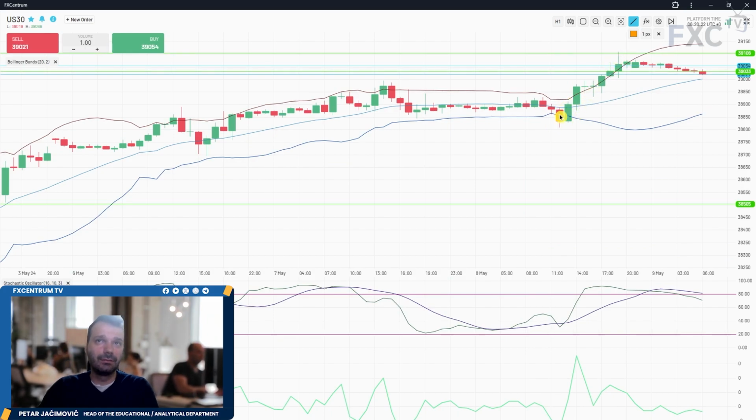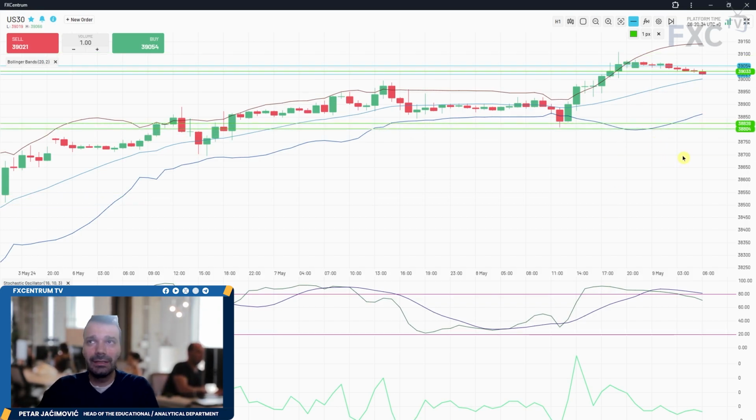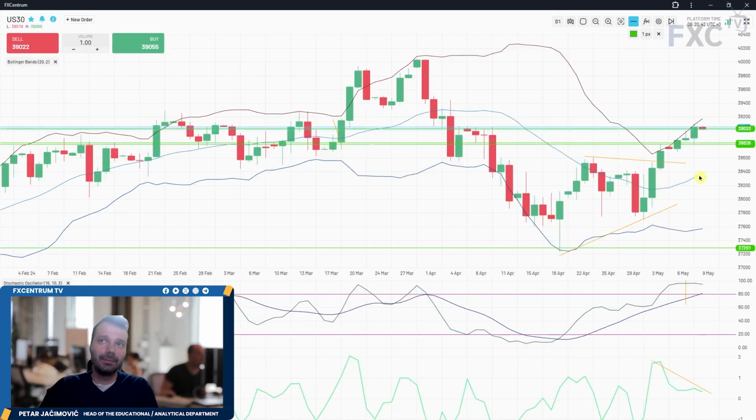Yesterday the market traded downside, upside, and now we're kind of turning to the downside. You see the fast and slow line are sloping to the downside on the hourly. But still, I would like to see confirmation in the sense that if the market can re-break the 38,800 mark, trade below the lower Bollinger Band and hold below, this will be a good confirmation for this daily pullback, at least a pullback towards the middle band.